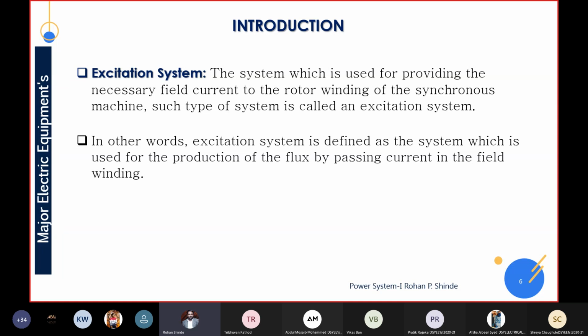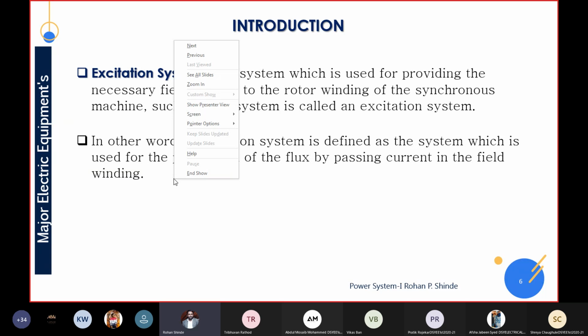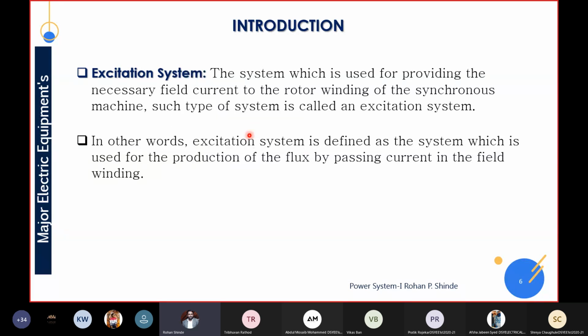So see here, in generating principle, EMF is induced. What is the principle? Whenever conductor cuts the magnetic field. If magnetic field is there and we have to cut the magnetic field, we have to move the conductor.